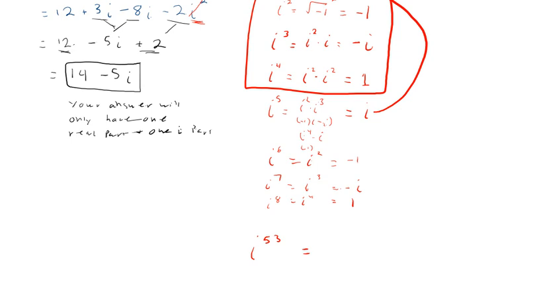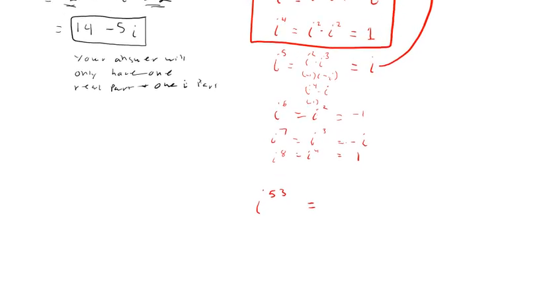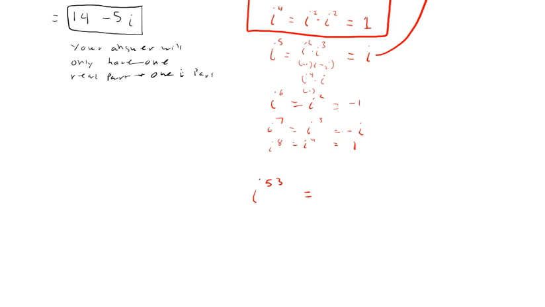Here's an easy way to tell. To figure it out, divide 53 divided by 4 and find the remainder.